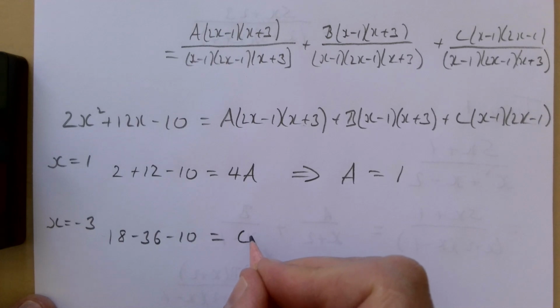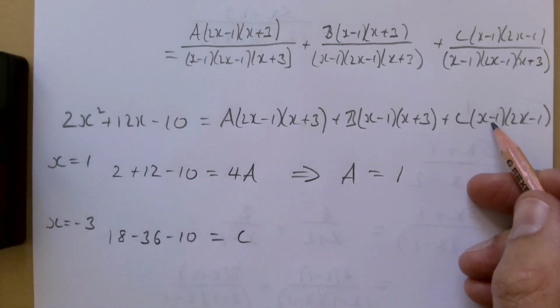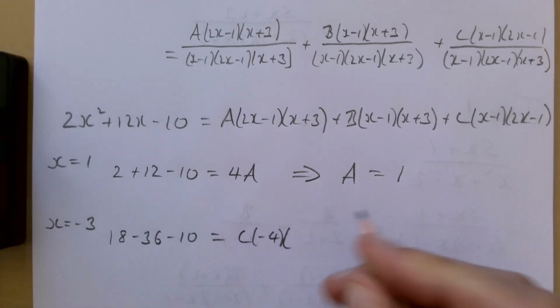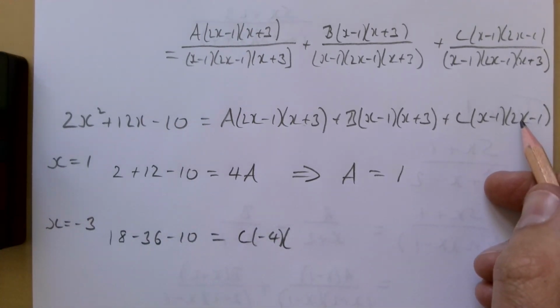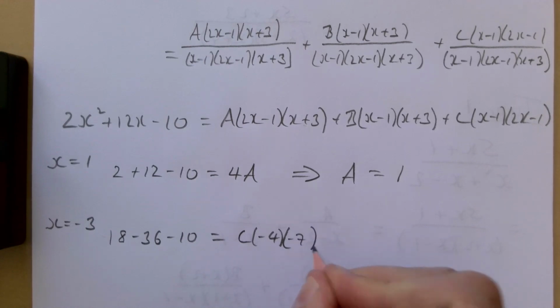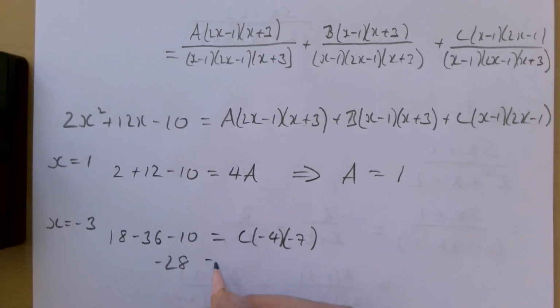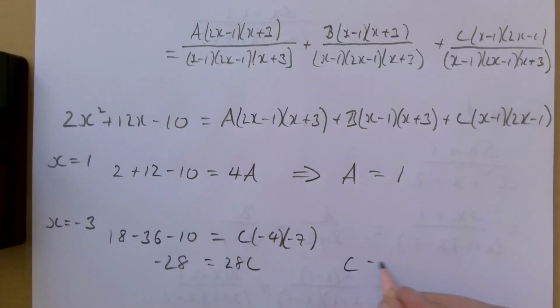I'm going to get c then upon minus 4, and then if it's minus 3 here, I think that's going to be minus 7. Hopefully this will work out. Minus 36 minus 10 is minus 46. And taking away then from 18, so that's going to give me minus 28. That seems like reasonably good news. Is equal to 28c, and so c then gives me a value of minus 1.